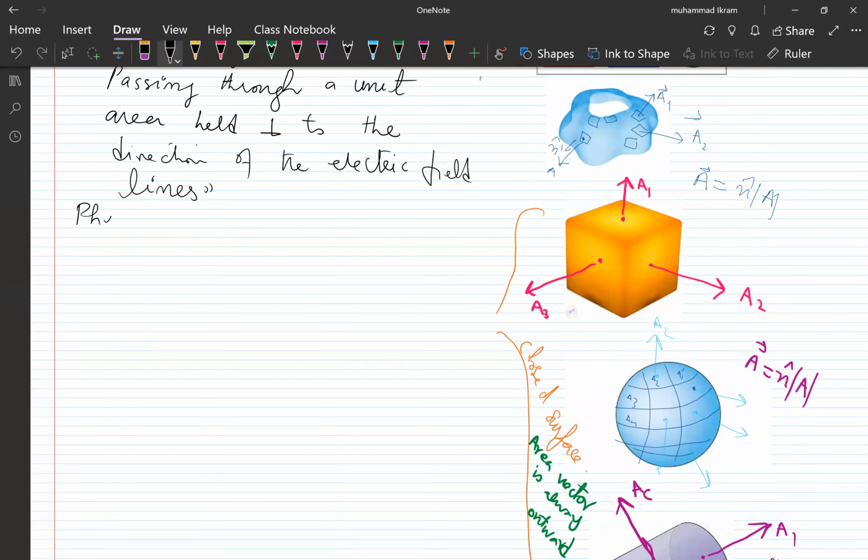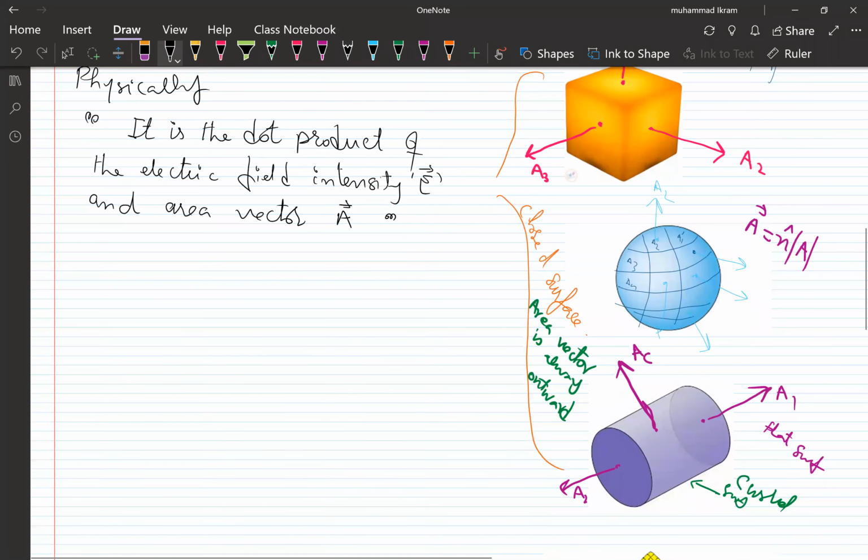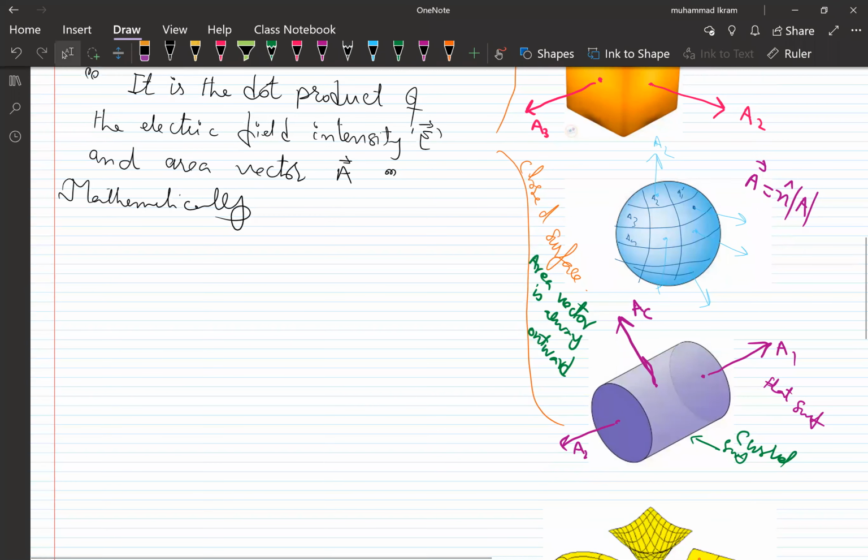Physically, we can define it as the dot product of the electric field intensity E and the area vector A. Mathematically, we can write the electric flux, denoted by phi, as E dot A.